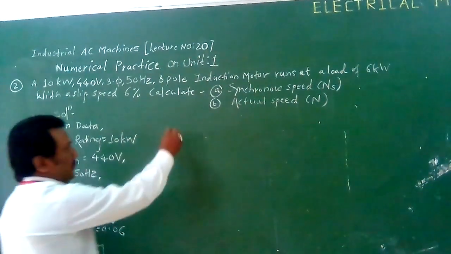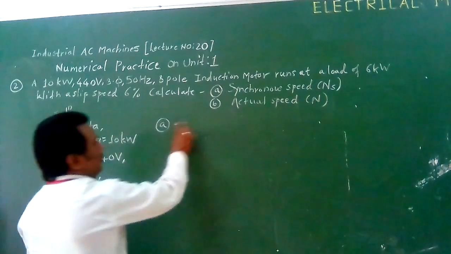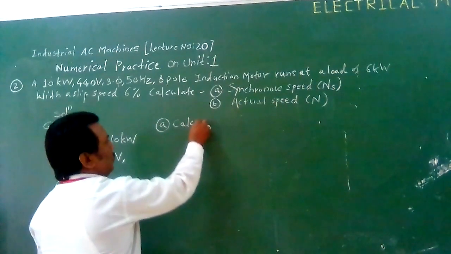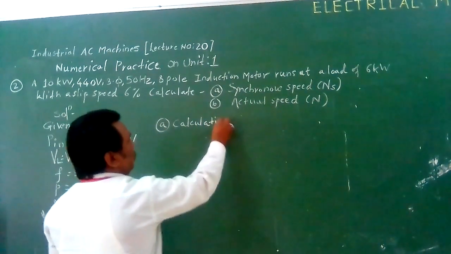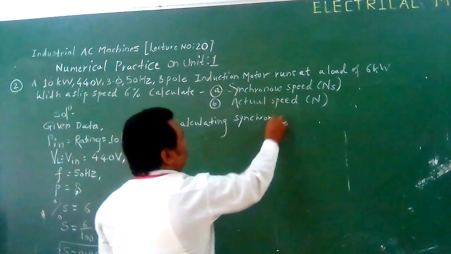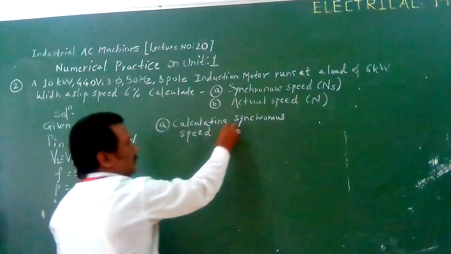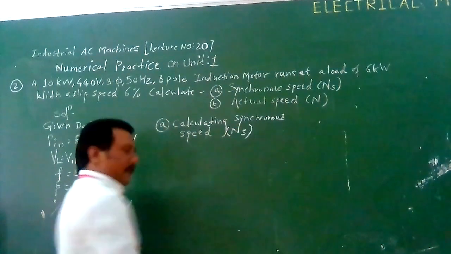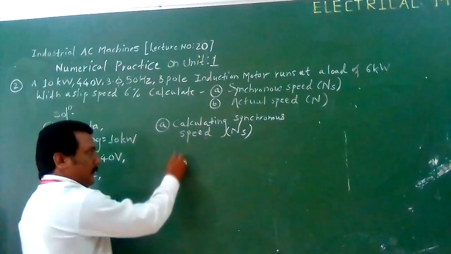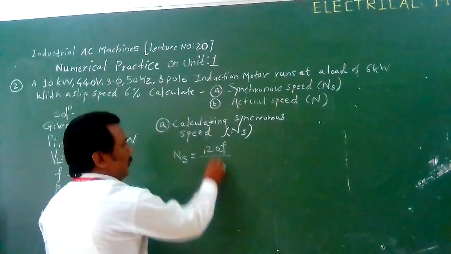So first of all, calculating the synchronous speed, which is denoted by ns. We know the synchronous speed formula: ns is equal to 120 f upon p.